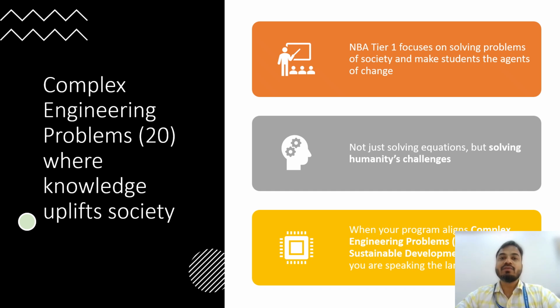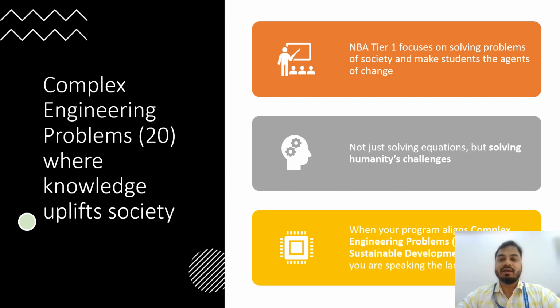When we look at those aspects, the understanding of our curriculum knowledge and its practical application is going to go hand in hand, and the real outcome of education is going to be achieved. So this is what is looked at in NBA Tier 1. It is not just solving equations, but solving humanity's challenges.